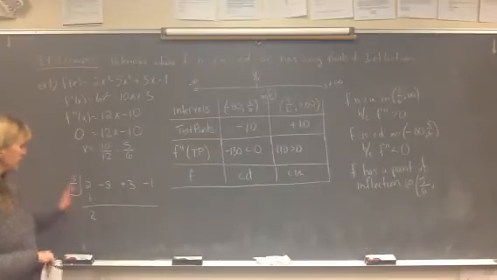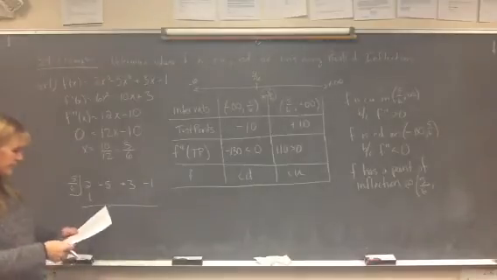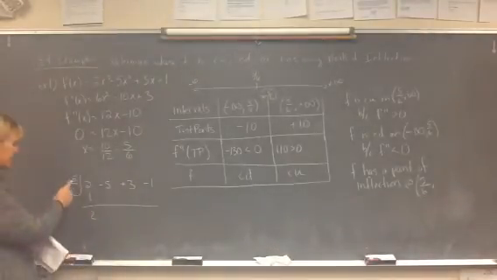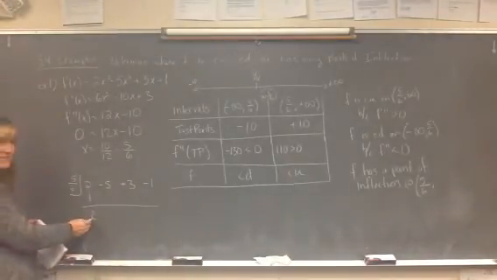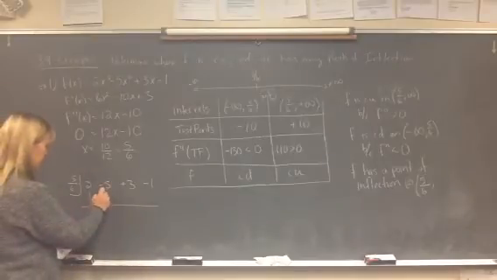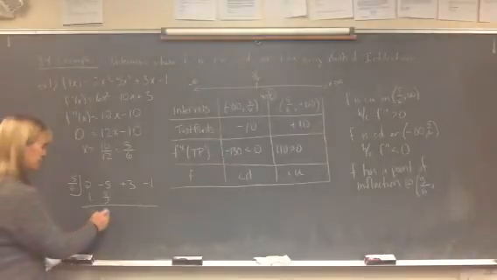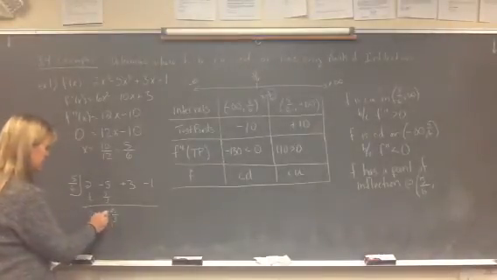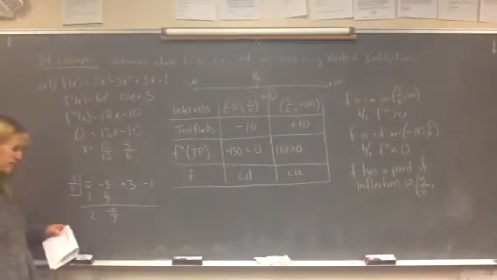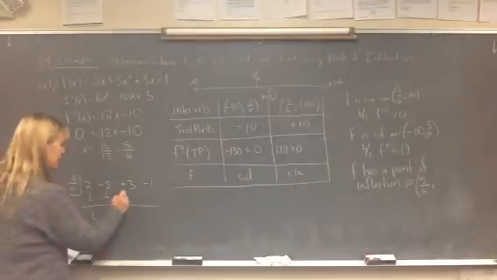So I do have this done on my paper, so I don't have to do it out a little bit more for you, but 5/6 times 2 is going to give me 10/6, which reduces down to 5/3. And I take a -5 and I add 5/3, it's going to give me a -10/3. I take 5/6 and multiply it by a -10/3, and I get -50 over 18.